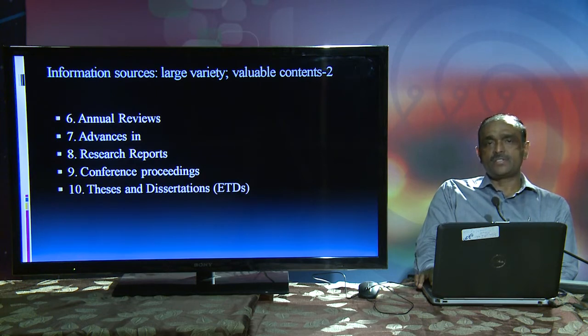Theses and dissertations, or as have been recently called electronic theses and dissertations, are a valuable source of primary information. The doctoral dissertations contain a detailed report of the research carried out by a researcher for a doctoral degree.